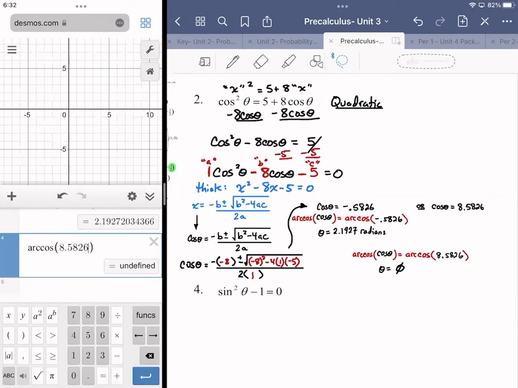My screen froze, but that stinks. Well, I don't know what to do now. I'll stop the share and I'll start it again, I guess.